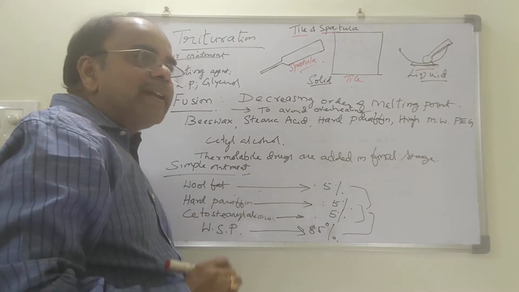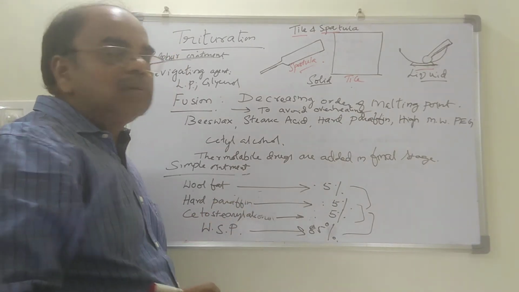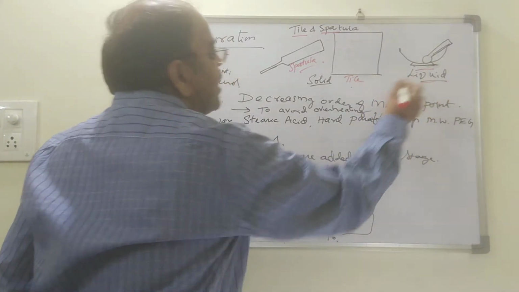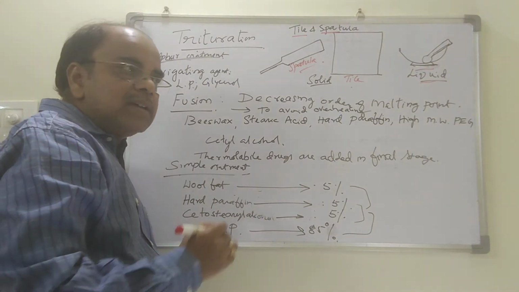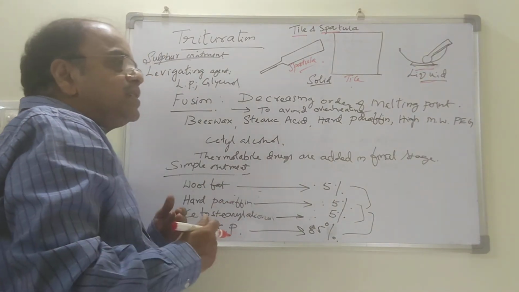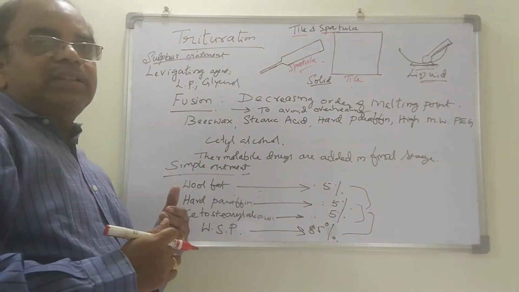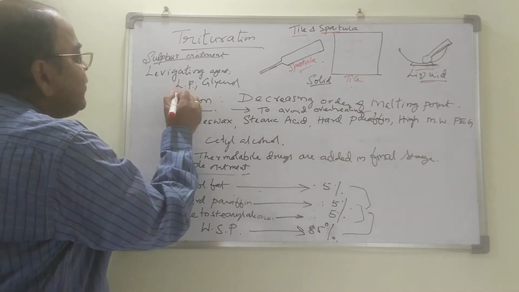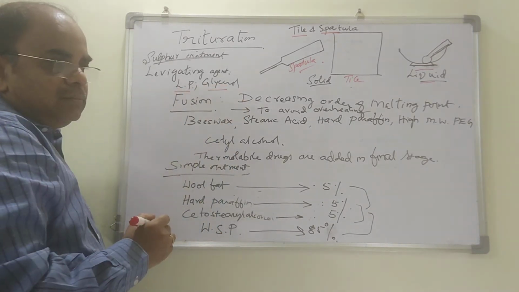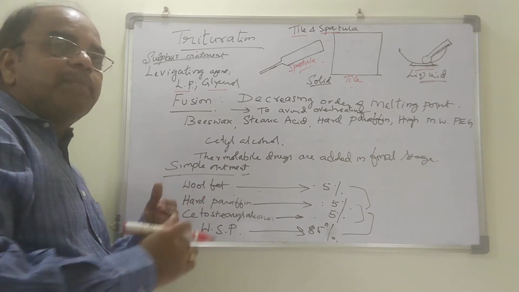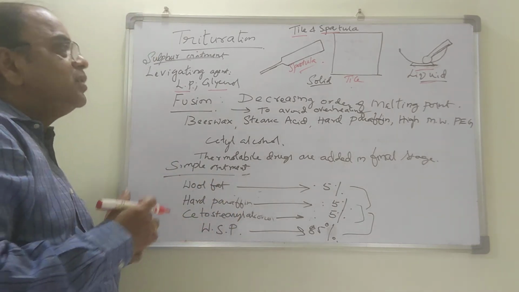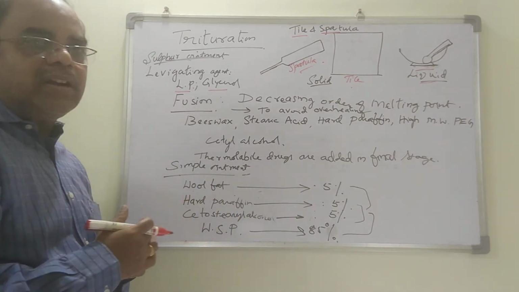For the liquid medicament incorporation, we can use the mortar and pestle. Sometimes some substances we have to levigate with liquid paraffin or glycerol, mix it thoroughly and incorporate into the base. Depending upon the drug, you have to choose.